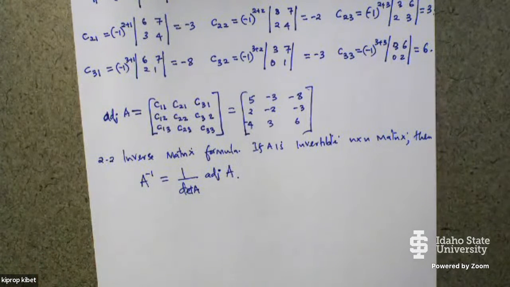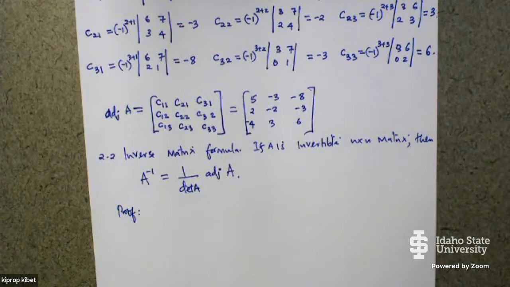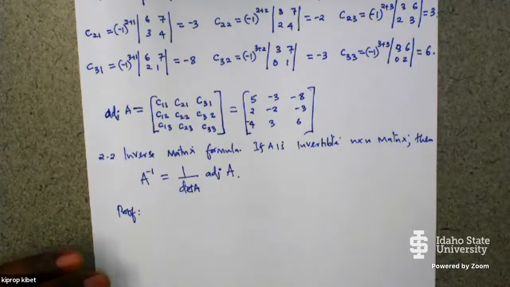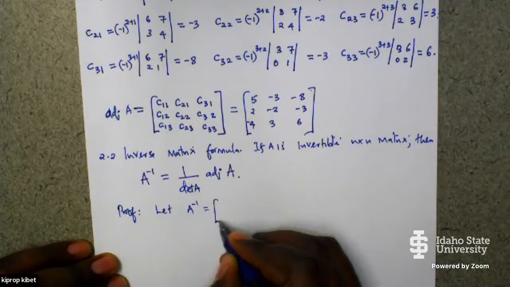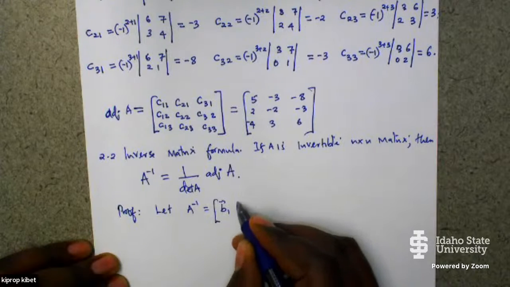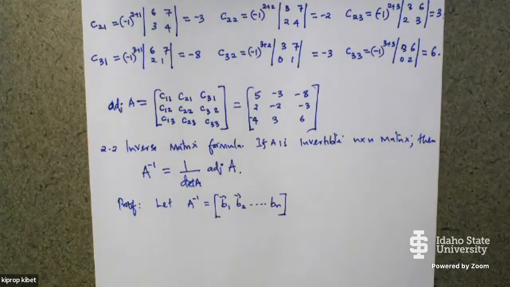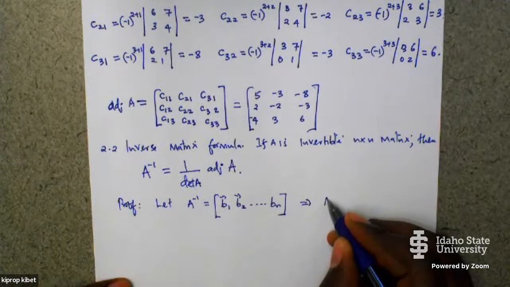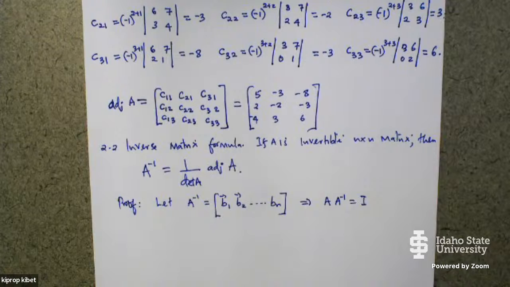Now, since A is invertible, if we let A inverse be the vectors B1, B2, all the way up to Bn, then we know that A times A inverse is equal to the identity matrix.